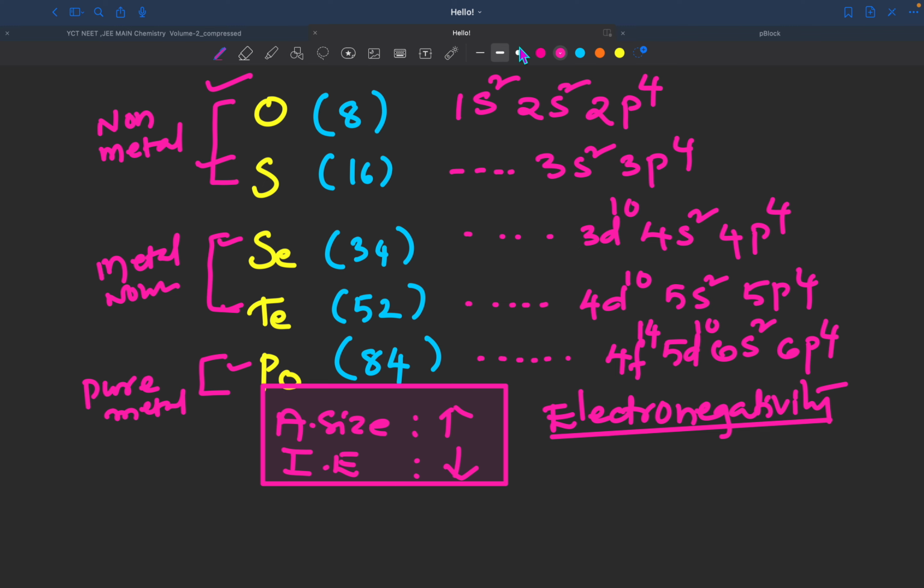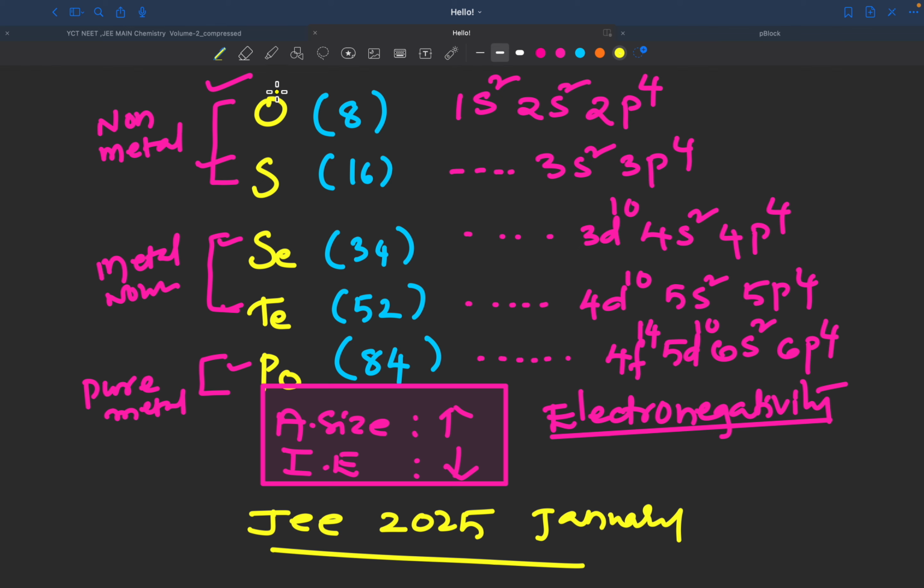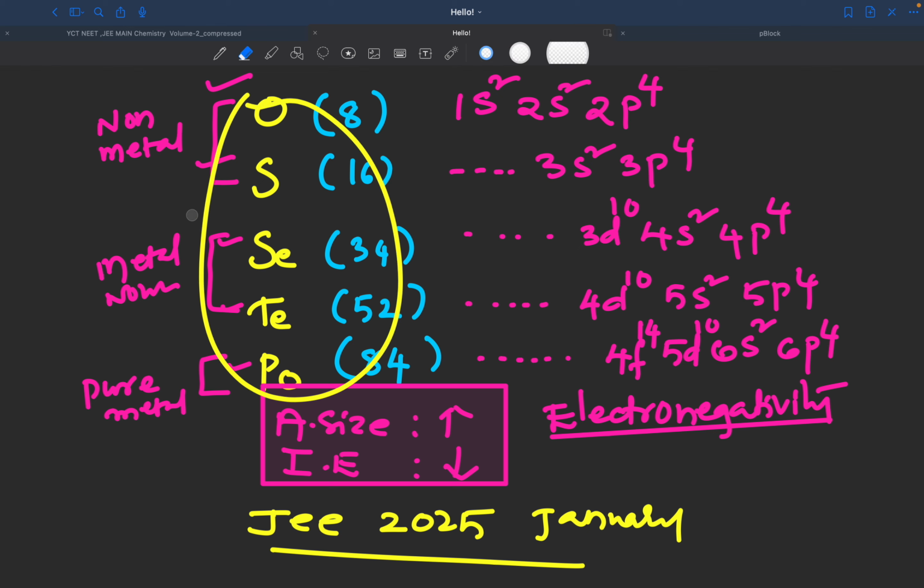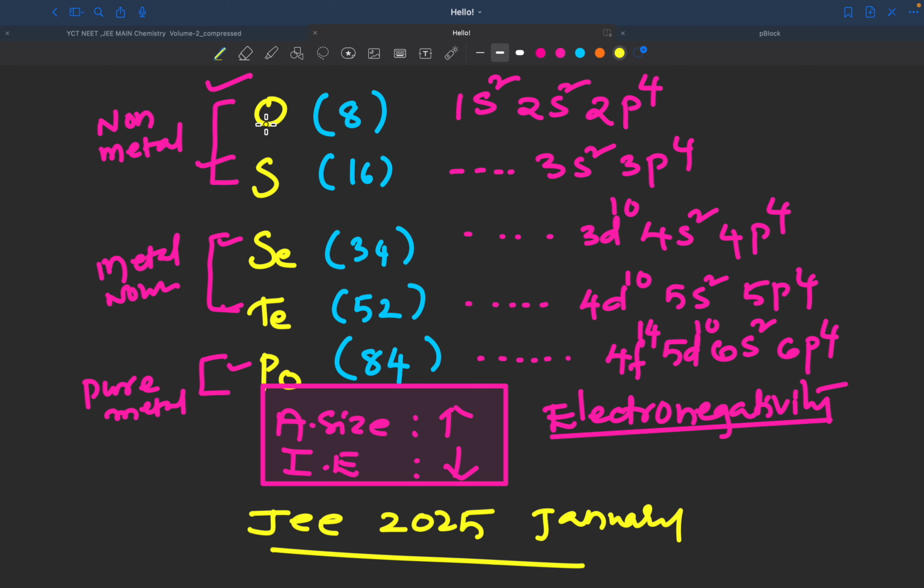I have to tell you something, a question asked recently in JEE. In the JEE 2025 January session this question was asked: the element with the abnormal electronegativity is... Tell me, which one is it? I'll show the values also.